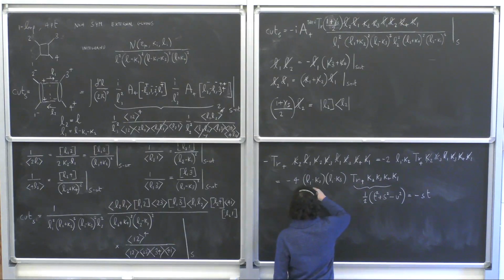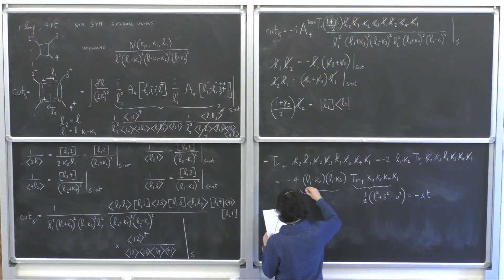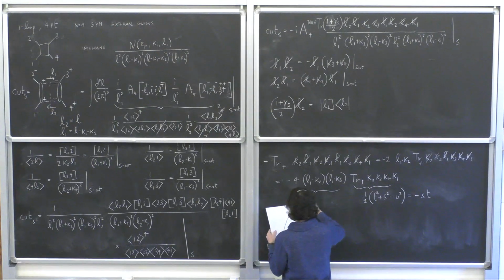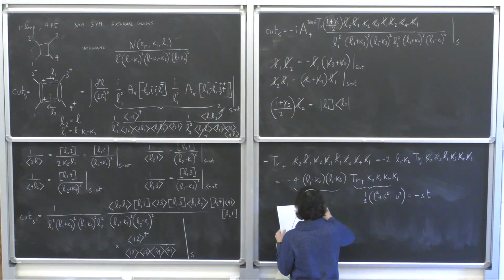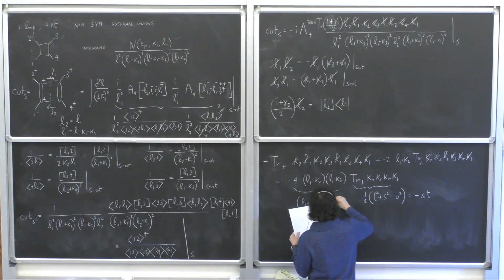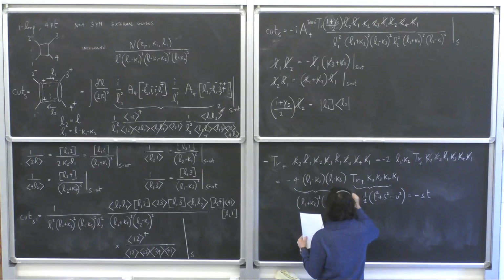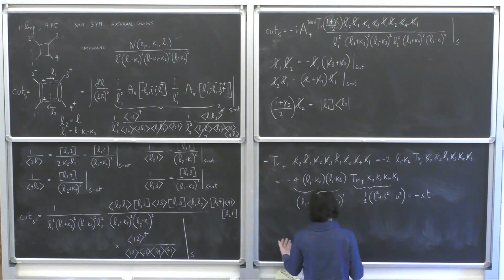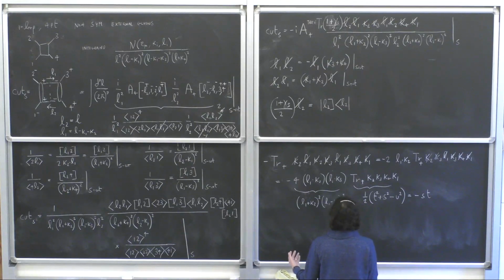Here, these 2 objects are readily rewritten, including a factor of 4. We should make this parenthesis a little bit larger, as (L1 plus K2) squared, (L1 minus K3) squared, which are indeed needed to simplify the excess of inverse propagators in the denominators, which you have over there.